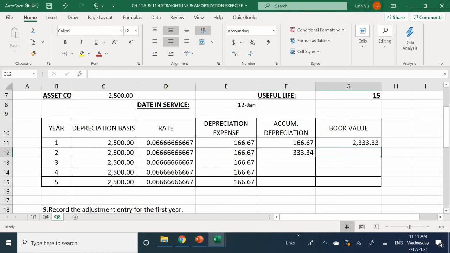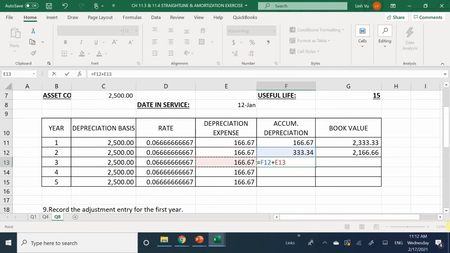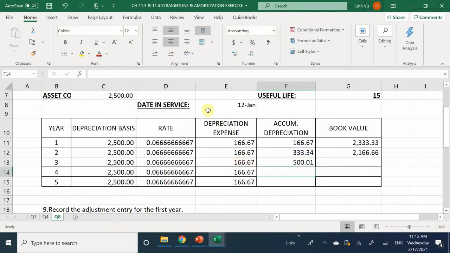And that makes my book value to be... Good. Now moving forward, what is my accumulated amortization for year 3? 500.01. Good. Making my book value to be 1999.99.